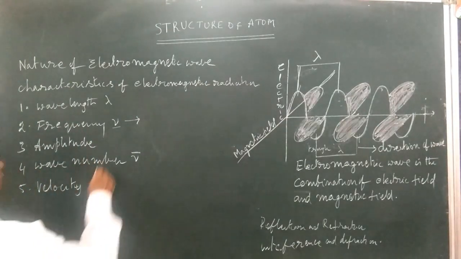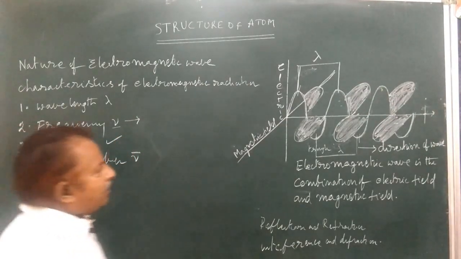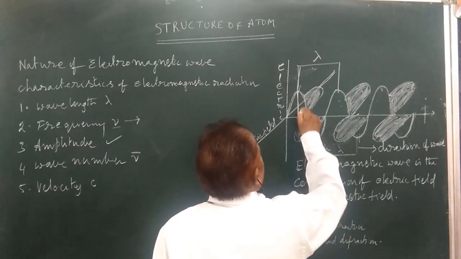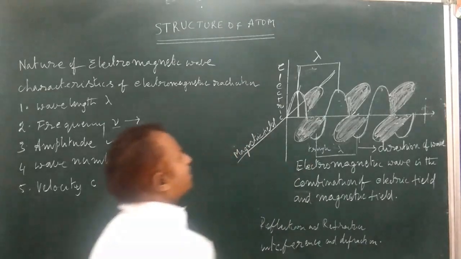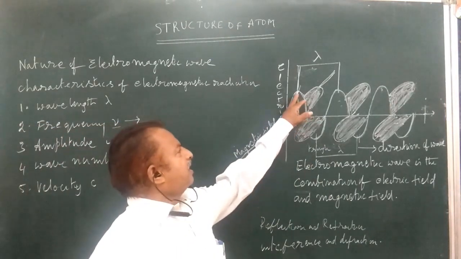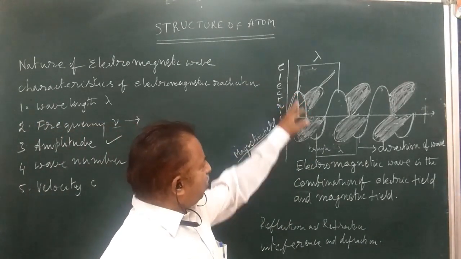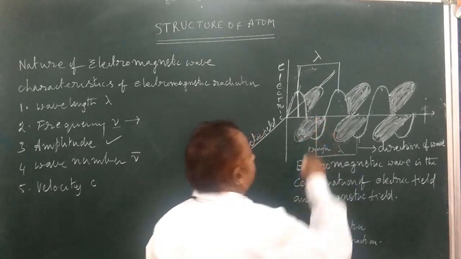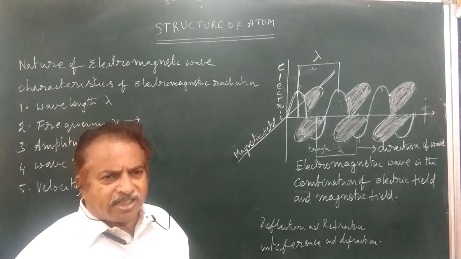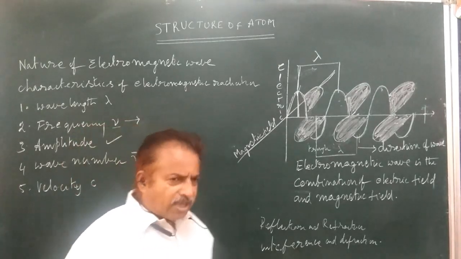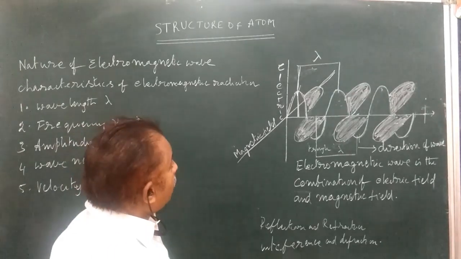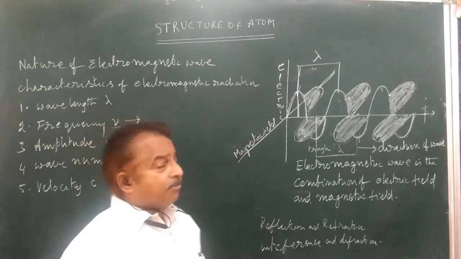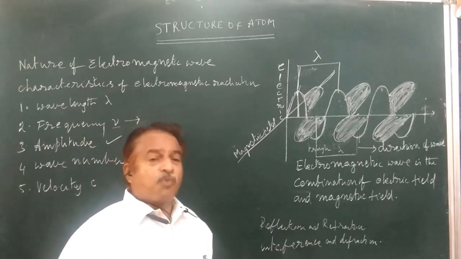Now let us see the amplitude. The amplitude is the highest point of the crest or the deepest point of the trough. If the amplitude is higher, generally the wavelength is smaller.